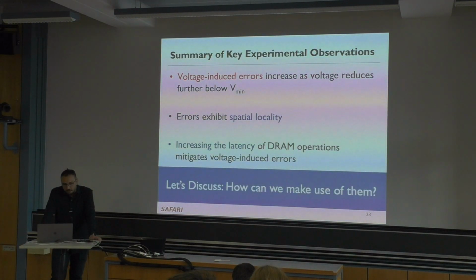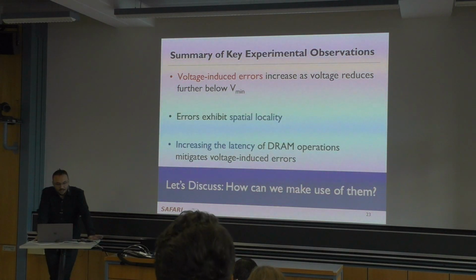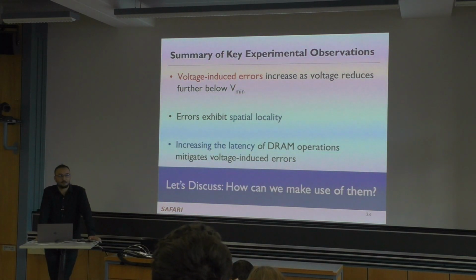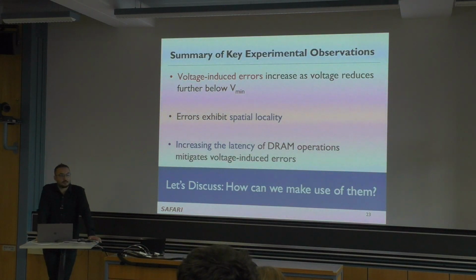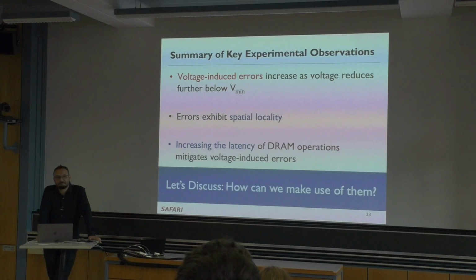Maybe we can give a quick pause here and discuss if you have any ideas of how to make use of these observations. What kind of mechanism or method would you apply to get benefit from these? Any ideas? No? Okay.